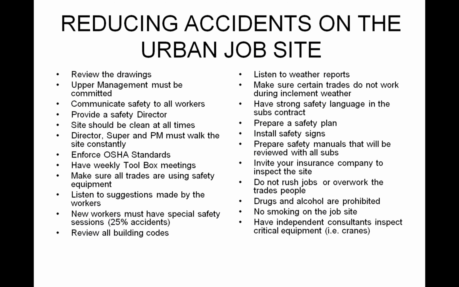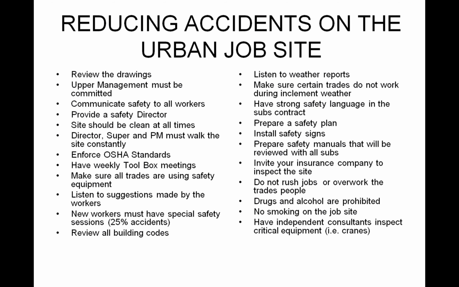Okay, so just a quick bullet list on how we can help reduce accidents on an urban job site. We're going to go through a few statistics here just to put things in perspective. But there's basic common sense kind of rules that you can take in effect to prevent the majority of the injuries that happen on the construction site.